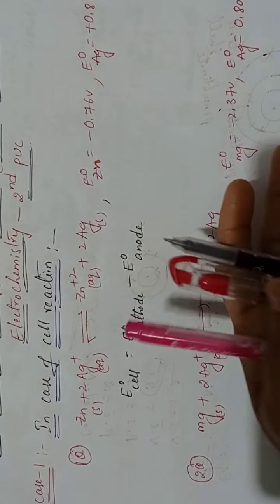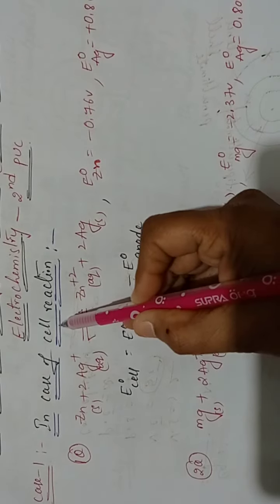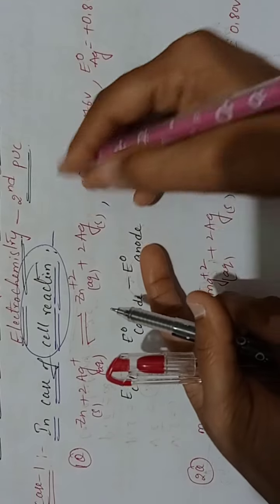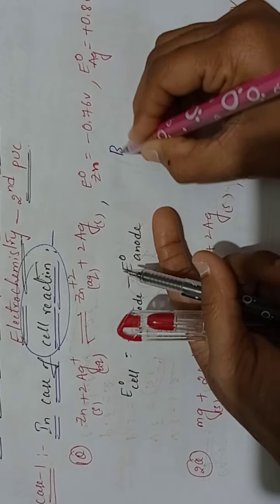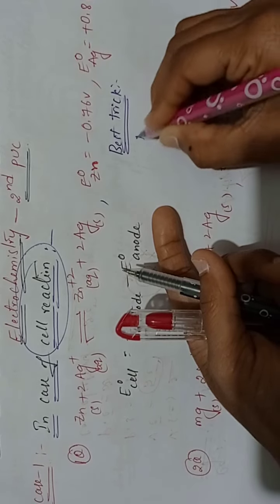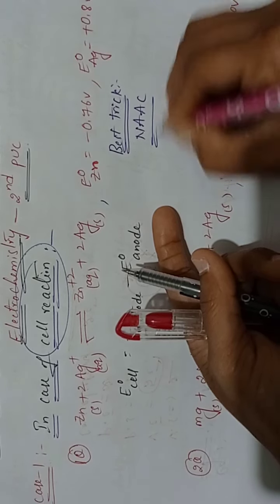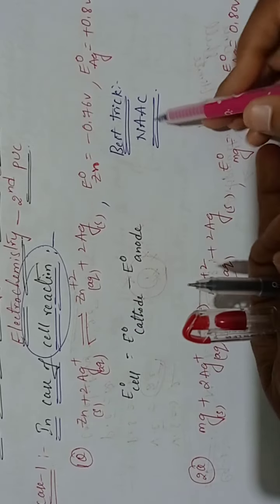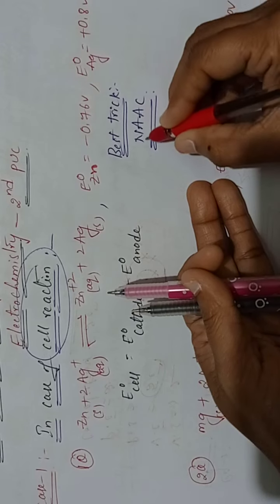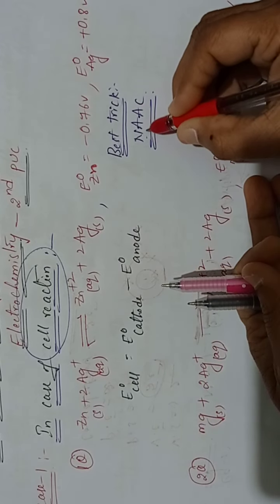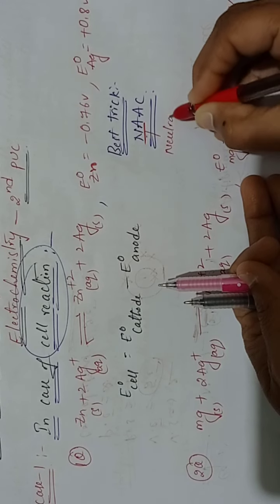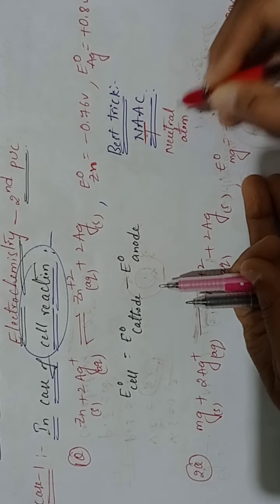Now I'm giving the best trick, students, in the case of cell reaction: NAAC, NAC. What is NAC? Na means neutral atom, that is, having no charge.